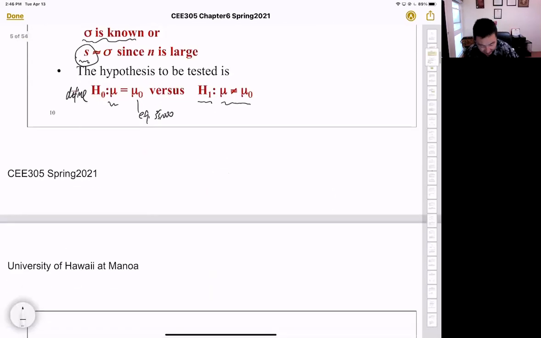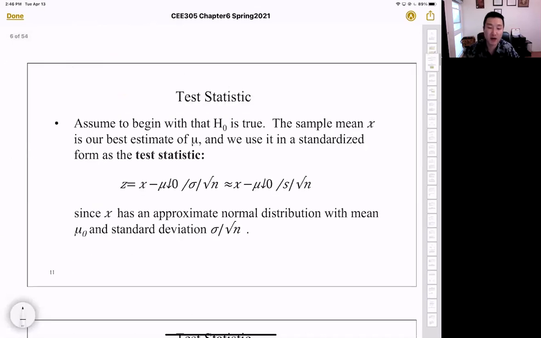The test statistic in this case will be the z-value. So assume H0 is true, we need to check the z-value. The equation is not shown in the correct form, so let me rewrite this.